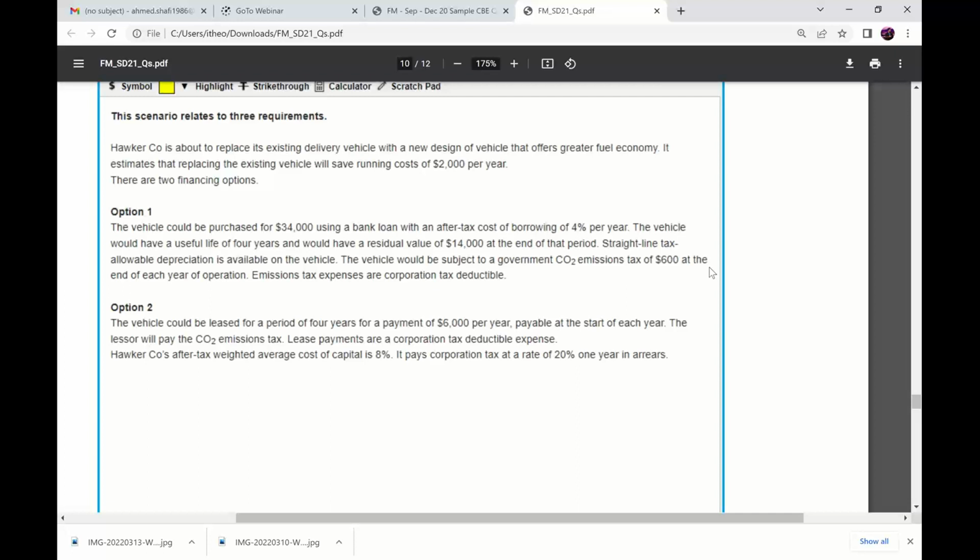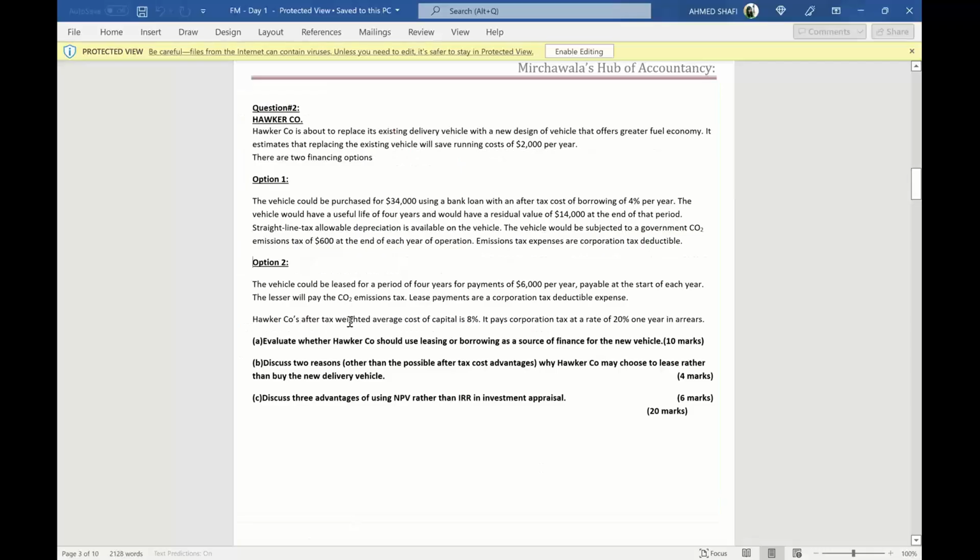The first option is that the company can purchase for 34,000 using a bank loan, and the second option is leasing. Straight line tax allowable depreciation is available. The vehicle would be subject to a government tax of 600 at the end of each year. Tax expenses are tax deductible. Option 2 is leasing. Tax rate is given as well. So there are two options and you need to evaluate whether it should use leasing or borrowing. 10 mark requirement.